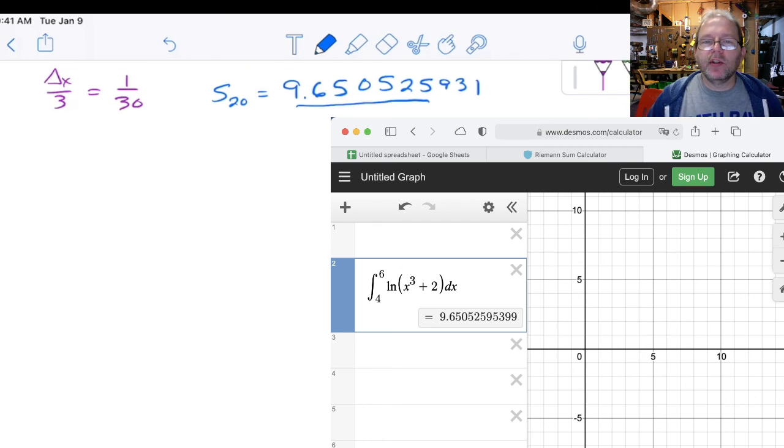So I don't know what Desmos is using. My guess would be it probably uses Simpson's rule and a bunch of subintervals. I'm not sure how many. But anyway, both of these are good approximations.